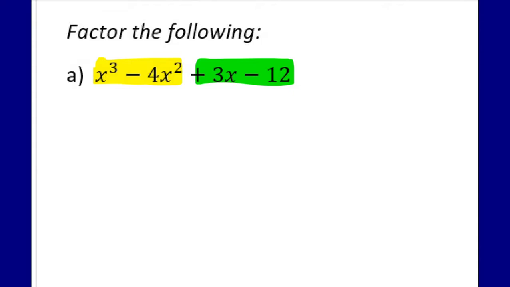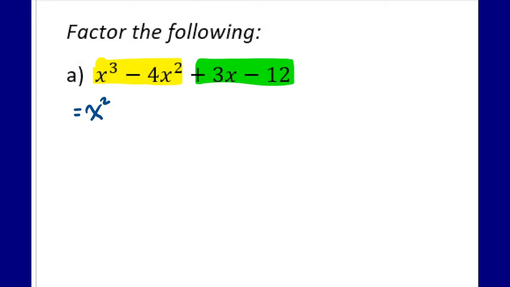If I look at the first part highlighted in yellow, what's common between those 2 terms? The greatest common factor is x squared, the largest factor that's shared between those 2 terms.